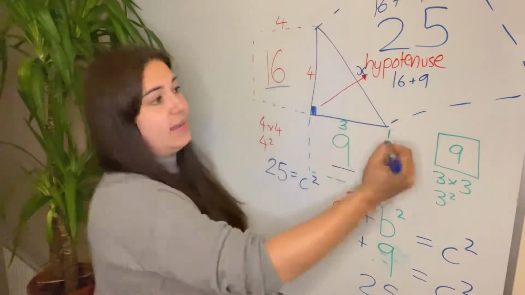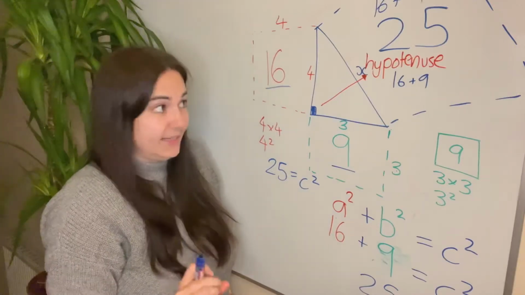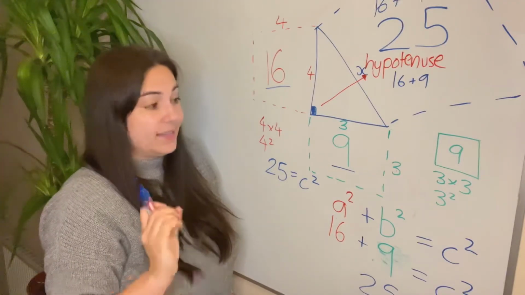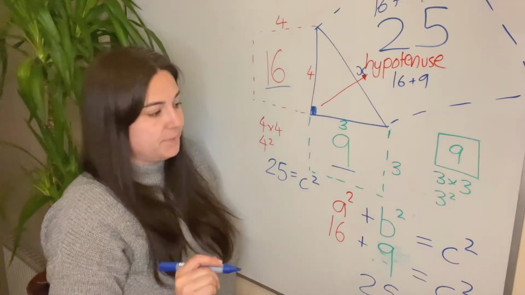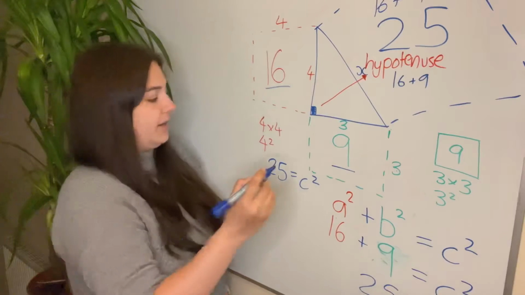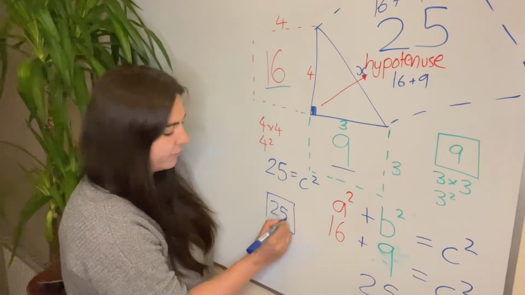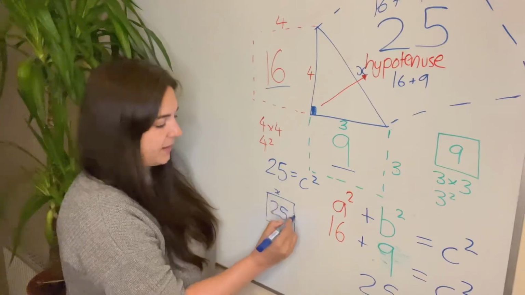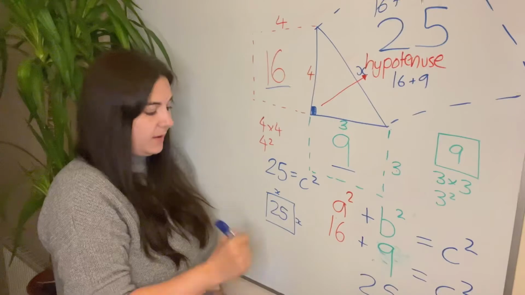Now, I know the area of this square, and if I know what the area of a square is, I need to do something called the square root to figure that out. Because I know over here, I think to myself, okay, this square has an area of 25, so something times by itself must give me 25.